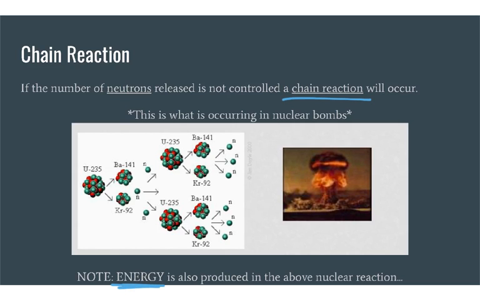This is what's happening in a nuclear bomb. We've used fission historically in this sense, with uranium bombs. Again, uranium is a heavy nucleus. We contain it and we cause it to react and it just keeps going. It breaks down into barium and krypton and then it just keeps going down the line. So it's an uncontrolled reaction.